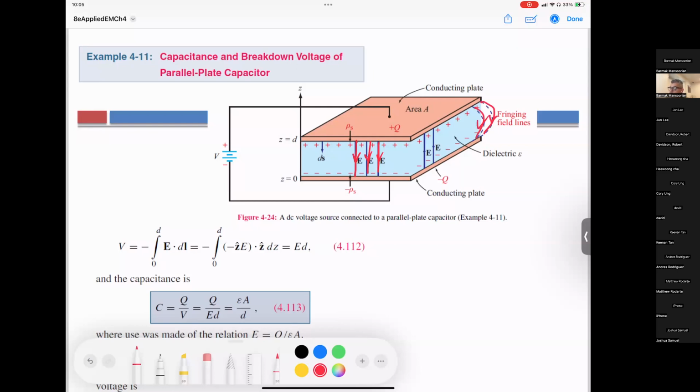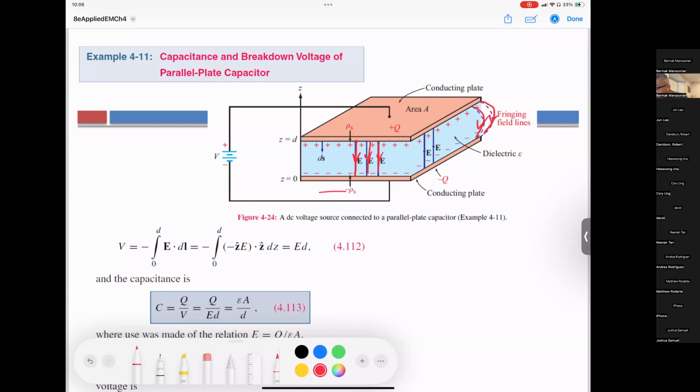But if, and this is usually the case, sometimes it's not, the area of this capacitor is much bigger than the periphery, you can just ignore the fringing field lines.